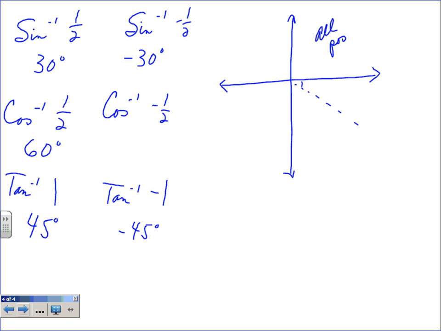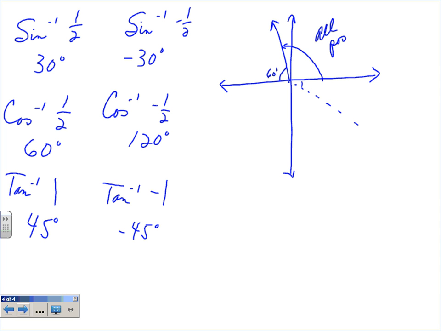We'll also go in the first quadrant and fourth quadrant. Inverse cosine: I can't go in that fourth quadrant. Cosine's negative here, so I'm going to use the second quadrant. Cosine of what angle is 1/2? 60 degrees. That's your reference angle. I've got to go in the second quadrant. So 120. I want that angle.